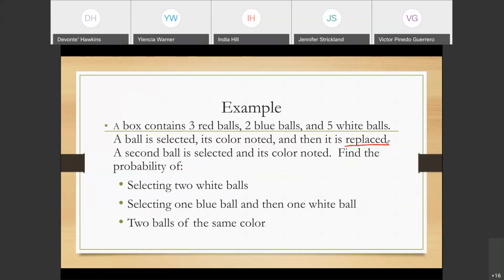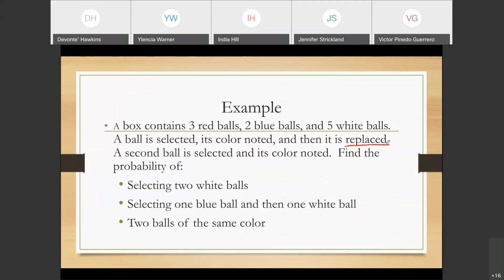You kind of have to read it into the problem. You have to say to yourself, it really does mean "and", because I could have seen it written as selecting 1 white ball and then a second white ball.